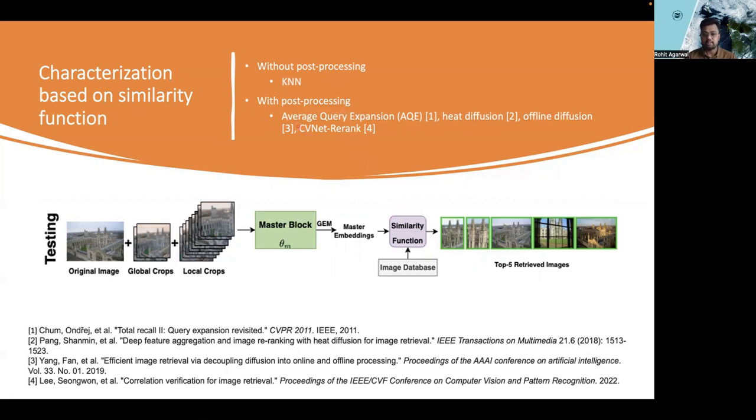In general, a simple KNN-based model is used as a similarity function and falls under the category of without post-processing techniques, whereas other high-level post-processing techniques such as average query expansion, heat diffusion, offline diffusion, and CVNet re-rank used as a similarity function fall under the category of with post-processing techniques.